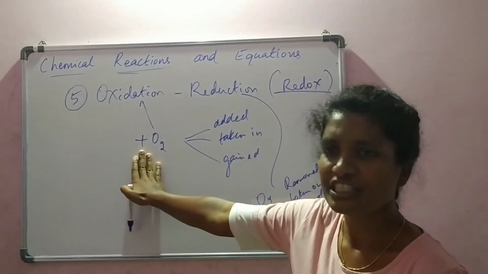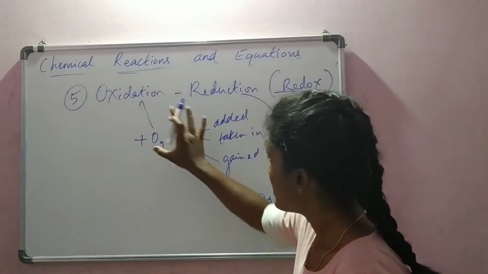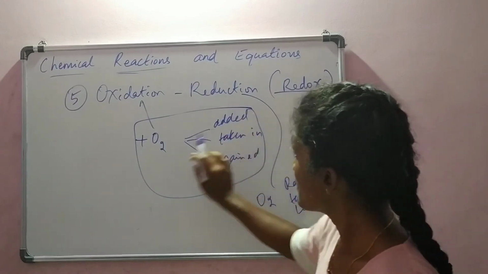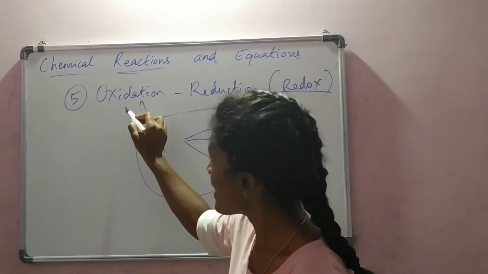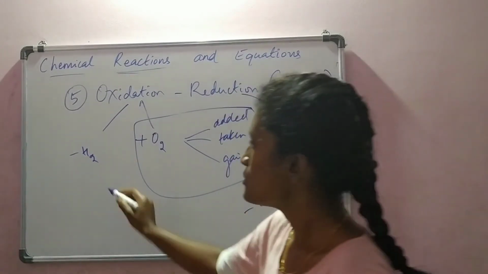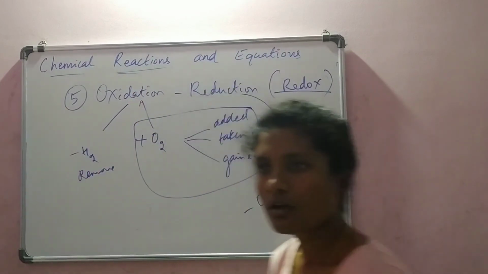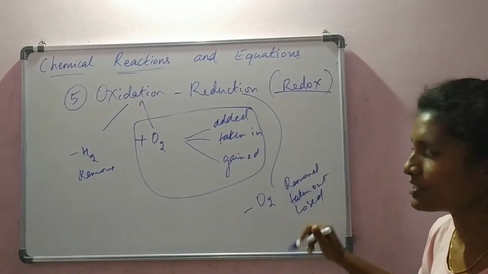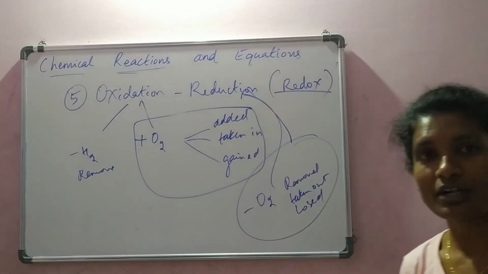Wherever there is addition of oxygen, there will be removal of hydrogen. If this is oxidation where oxygen is added, in the same reaction hydrogen will be removed. It is also opposite for the other: if removing oxygen is reduction, then what is getting added?